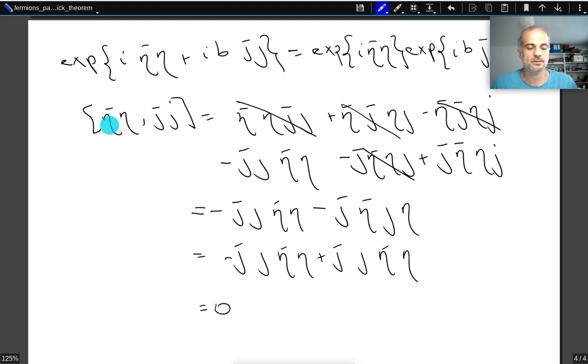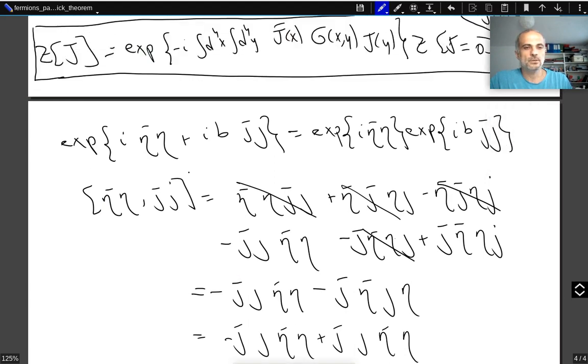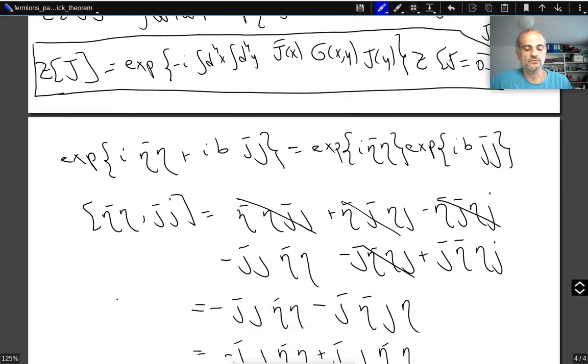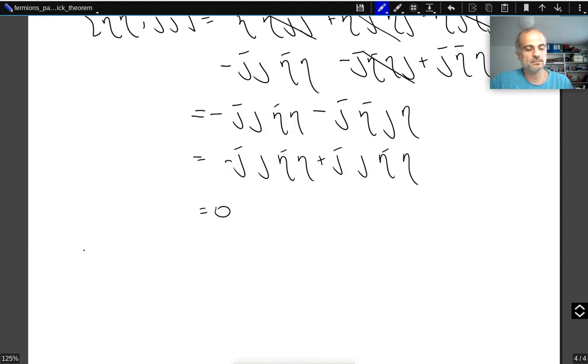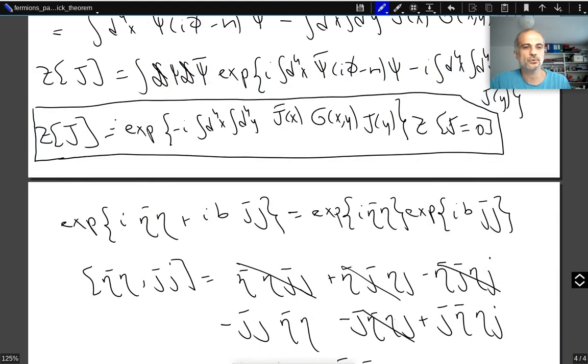And we didn't show it, but we can show that actually things will be causal, just like in the case of the scalar fields. So now we know this relation z of j. Okay, let me just write z of j is equal to z of j equals 0 multiplied by this exponent.